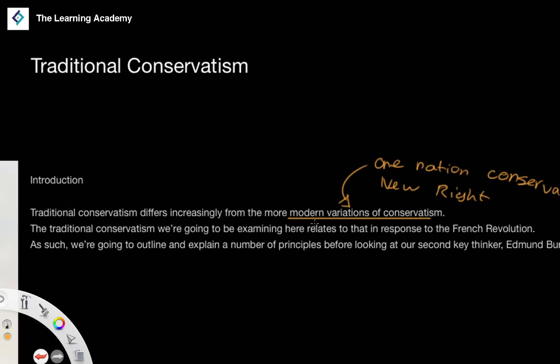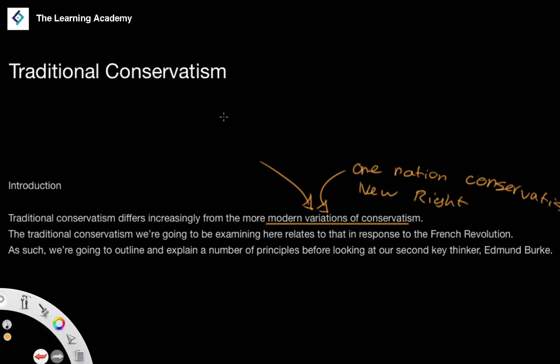And you can also tangentially relate conservatism to other ideologies, things like neoliberalism, and also libertarianism.